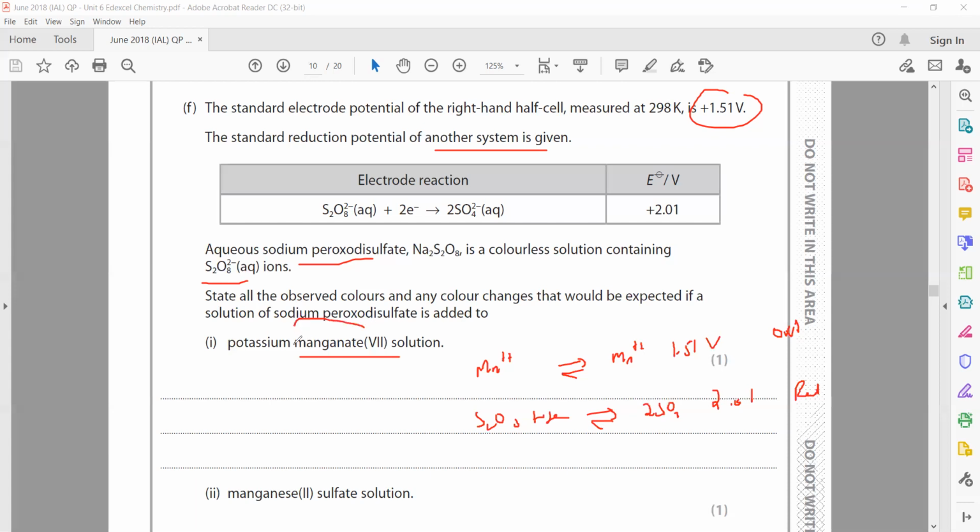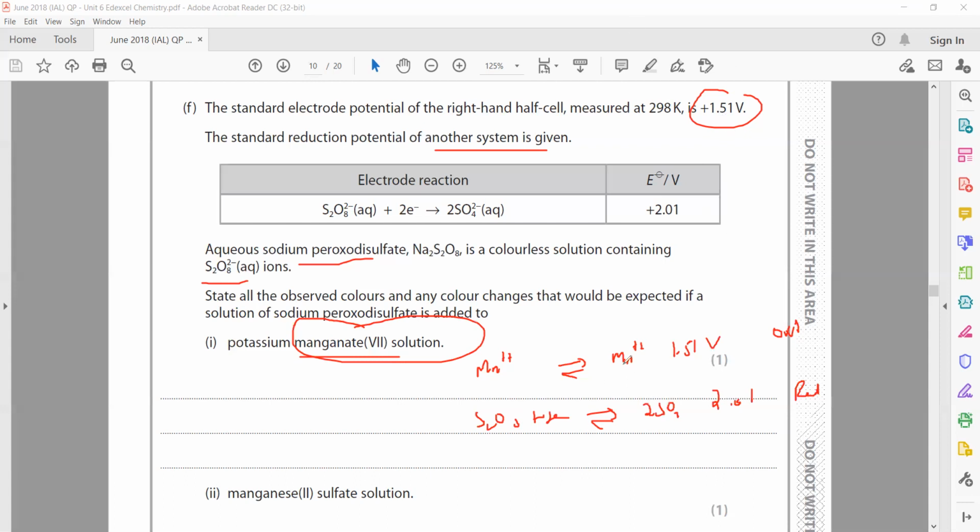So if we have a potassium manganate solution, it will not have any change, because this substance cannot reduce manganate 7, as it has a higher electrode potential, meaning lower capability to reduce manganate 7 to manganate 2.